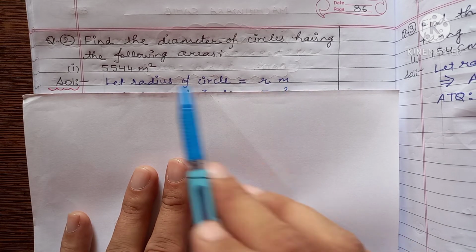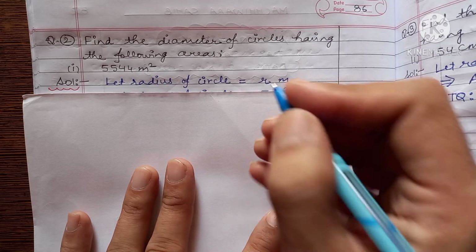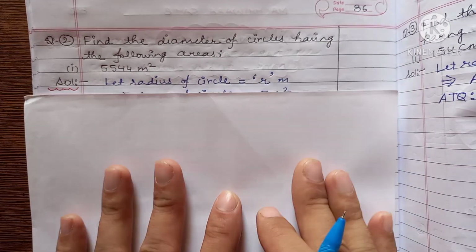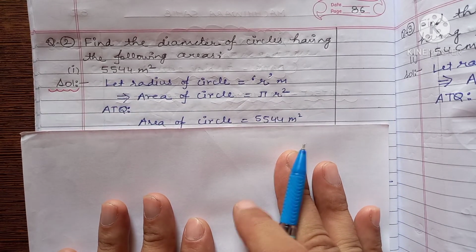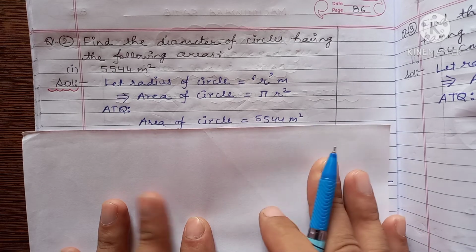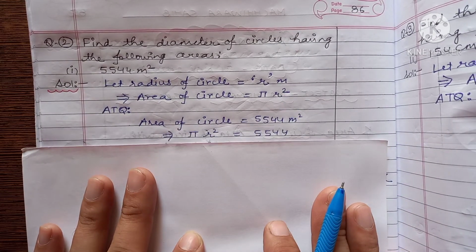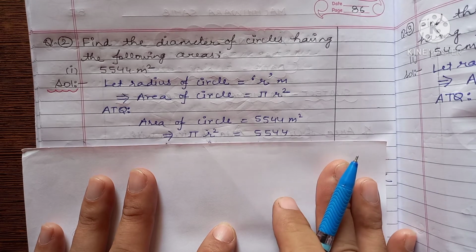We took meter because the area is given in meter square, so we assume radius in terms of meter. Next, we know that area of circle is pi r squared, and according to the question, the area of circle is 5544 meter square. It means these two values are equal. So pi r squared is equal to 5544.